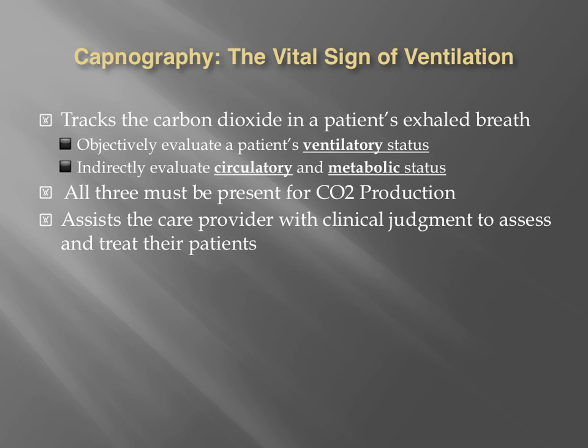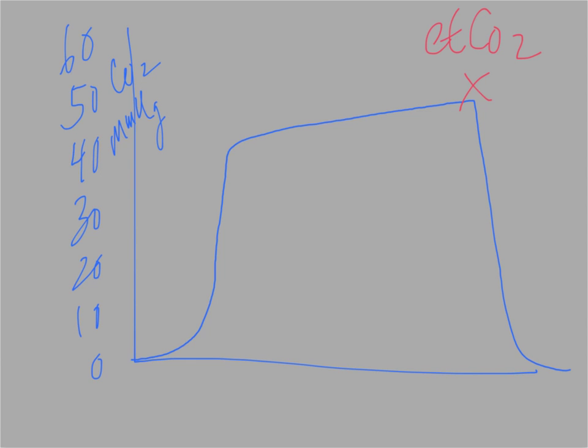When we utilize capnography, we take all three of those parts in mind. It assists us, the caregiver, with clinical judgment to assess and treat our patients. Now, with ventilation, perfusion, and metabolism in mind, the one thing that we need to remember is end tidal CO2 is the end exhalation measurement of carbon dioxide.